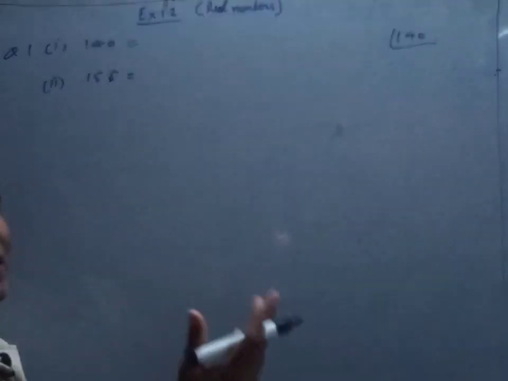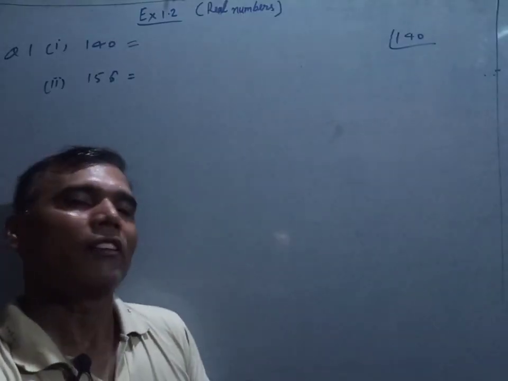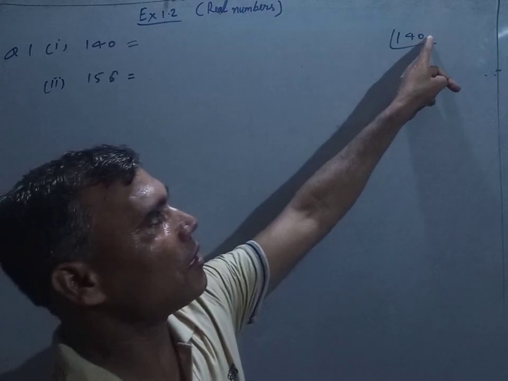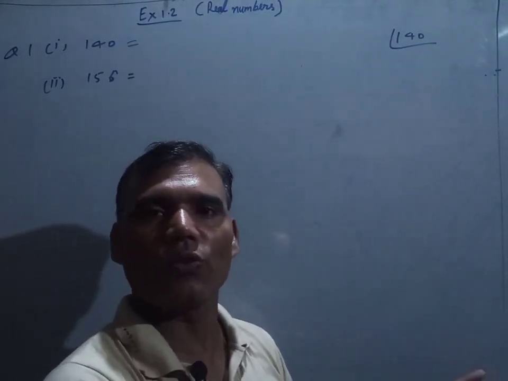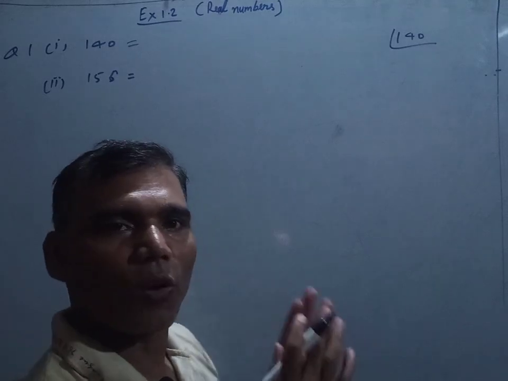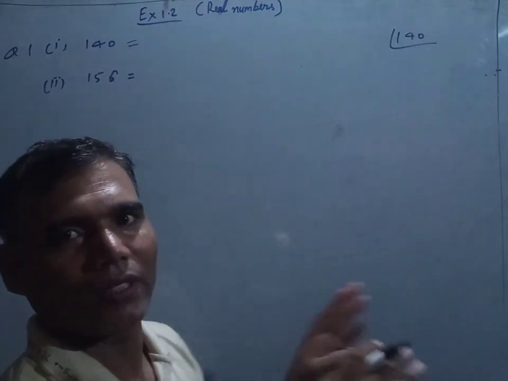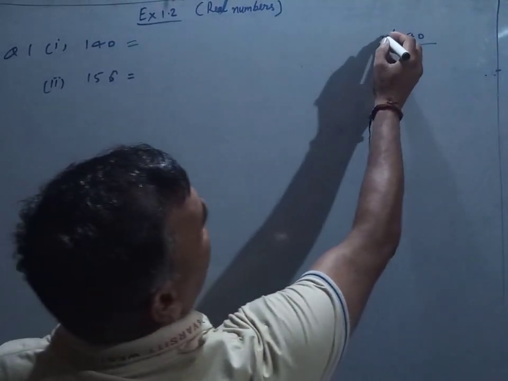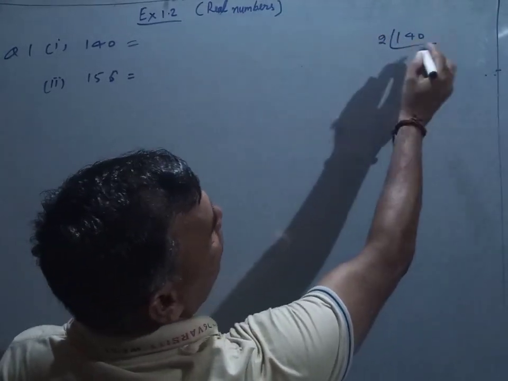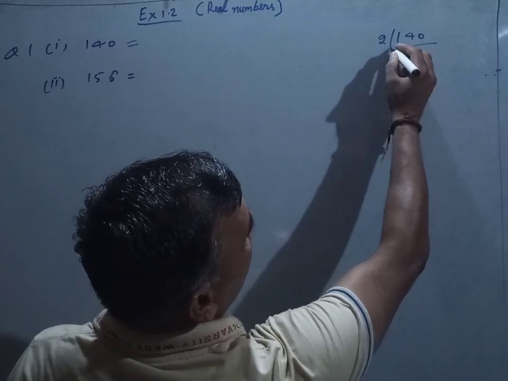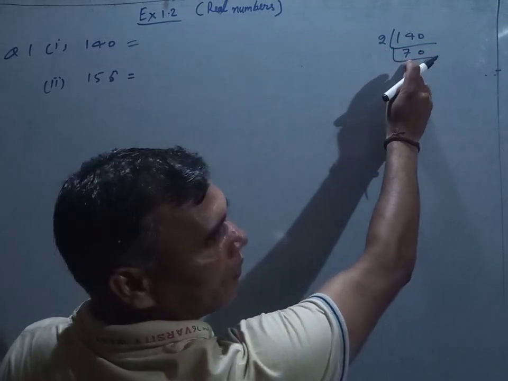We have two prime factors. When the unit place digit is 0 or divisible by 2, the whole number is divisible by 2. So now we divide this number by 2: 2 7s are 14, 0, and the quotient we write here.